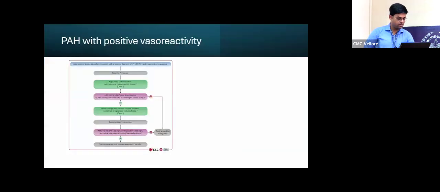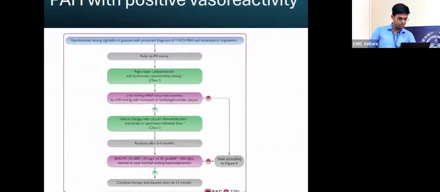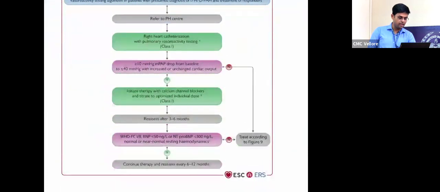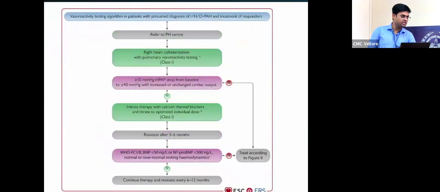So PH with positive vasoreactivity, you have a patient with idiopathic PH and they are positively reactive to those drugs we discussed. How are we going to proceed? Initiate treatment with CCBs, achieve the maximum dose. Say amlodipine, start with 5 to 10 milligrams, reach up to 40 milligrams or a maximum tolerated dose.